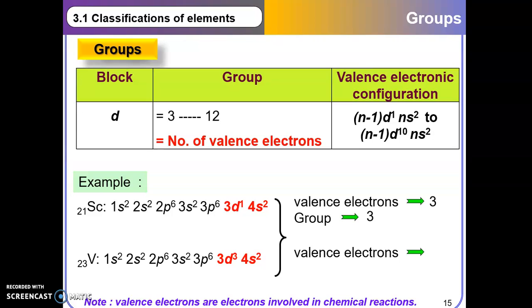So in this case, the total number of valence electrons is 5. And the group number also must be 5, because for D block elements the group number is the number of valence electrons.